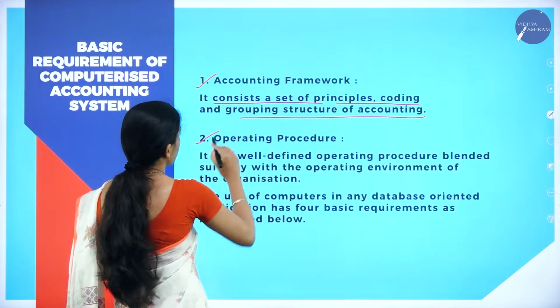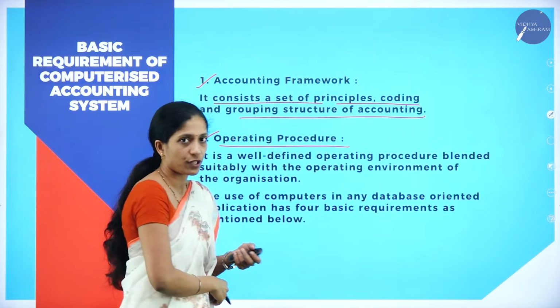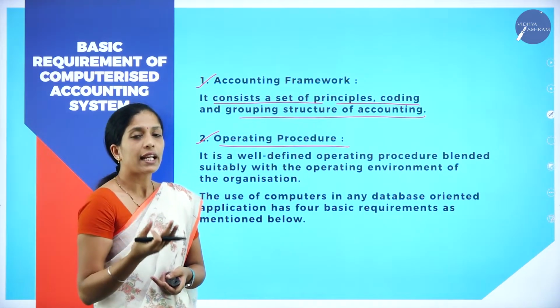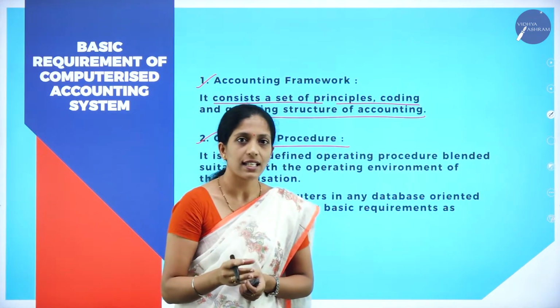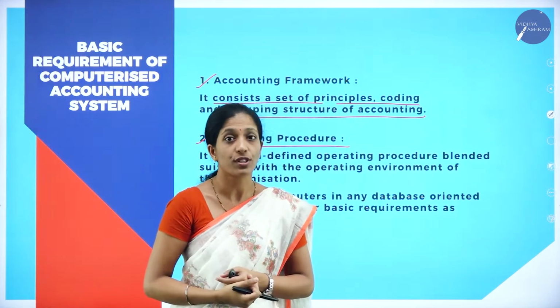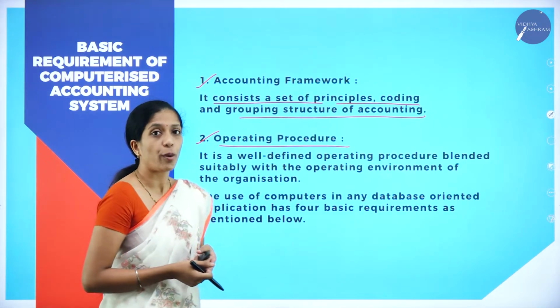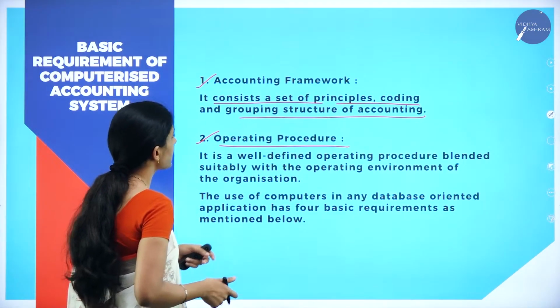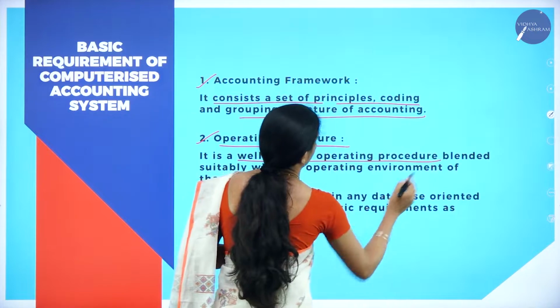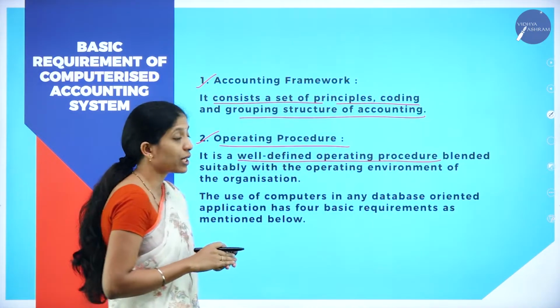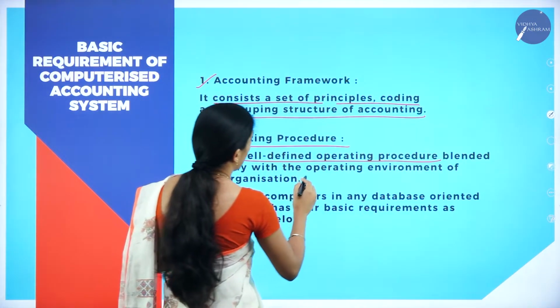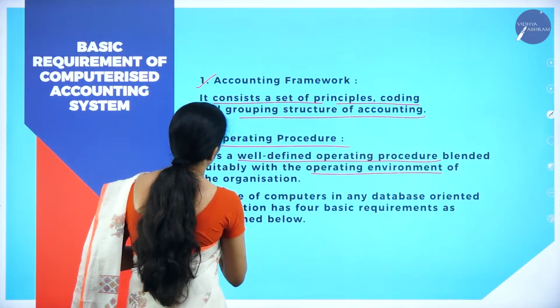And the second one is operating procedure. Here the accounting process is not a single task, it is a step-by-step process or procedure. So let us see what is this operating procedure. It is a well-defined operating procedure blended suitably with the operating environment of the organization.